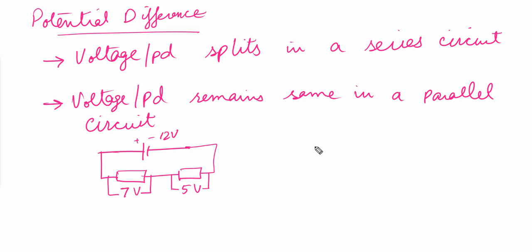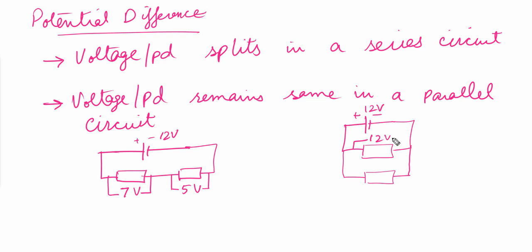Now let's draw a parallel circuit. So we have a battery of 12 volts that is attached with two resistors of whatever resistance, it doesn't matter. In this circuit, this battery is producing 12 volts. Whatever the resistance of these two resistors, they both have 12 volts dropped across their terminals.